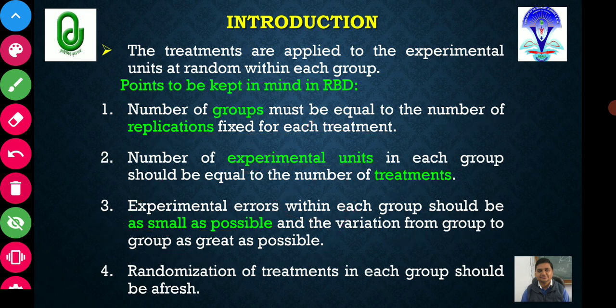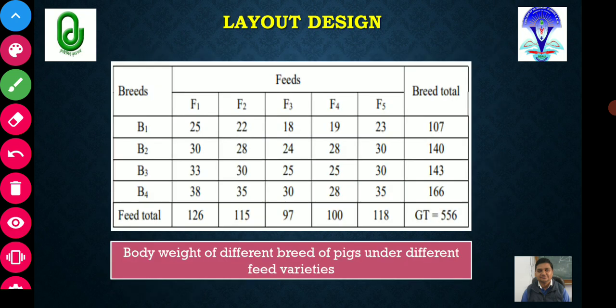That means the experimental material within a group, that is the animals of breed 1, should be of similar nature. That means there will be lesser error. Why? If these animals are different, then the true value of the feed will not be reflected.